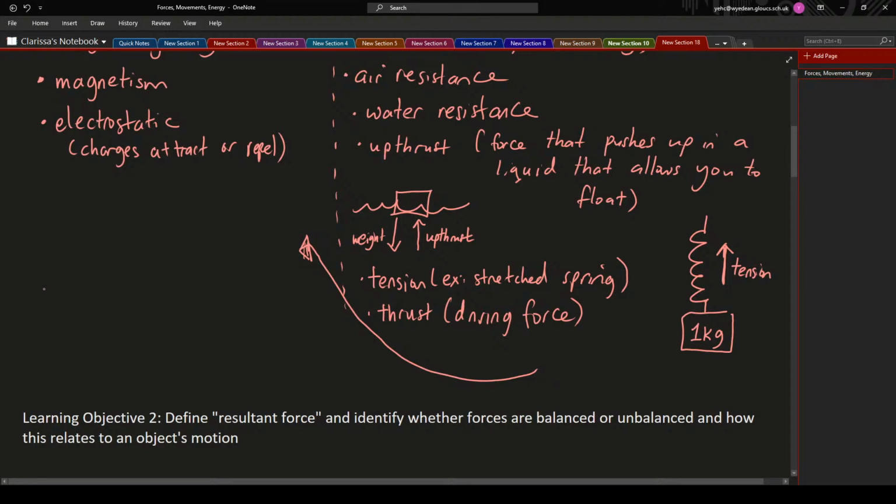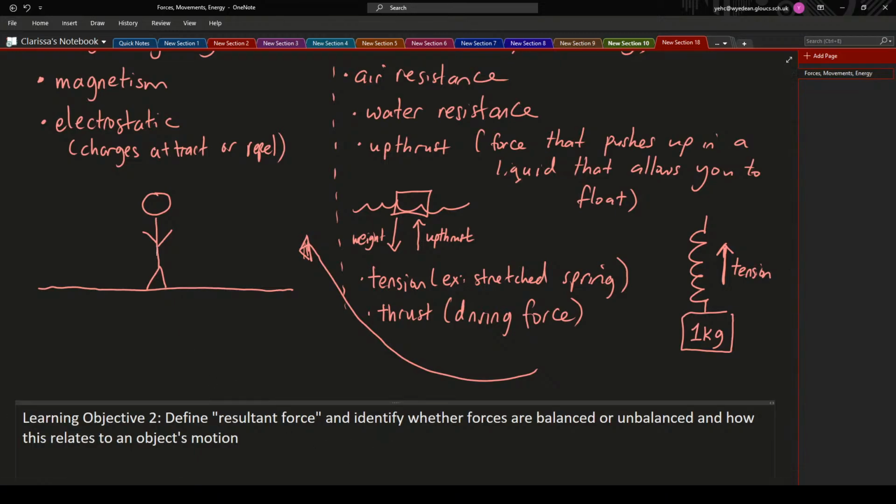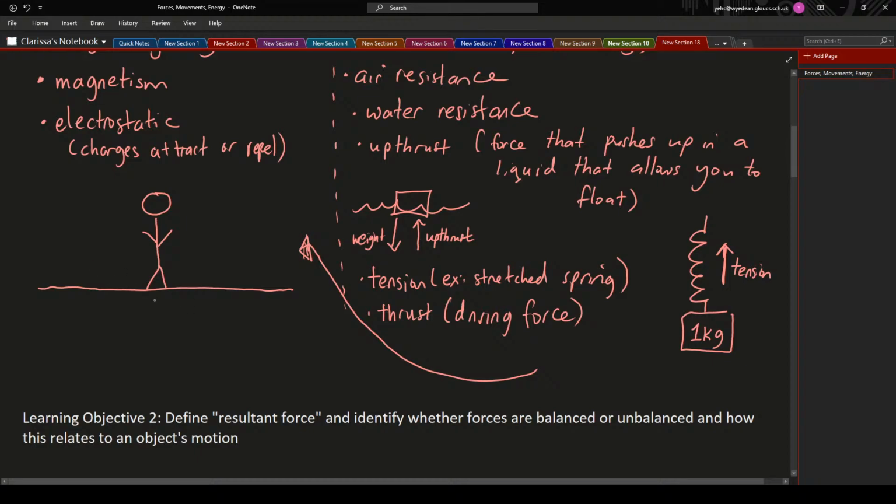And just to highlight the reason why you shouldn't forget it, there's the ground and here is you. You are standing still on the ground. Let's have a think about what forces are acting on you when you are just standing still on the ground. Well, there's obviously weight, keeping you down. But there is another force that's acting on you.